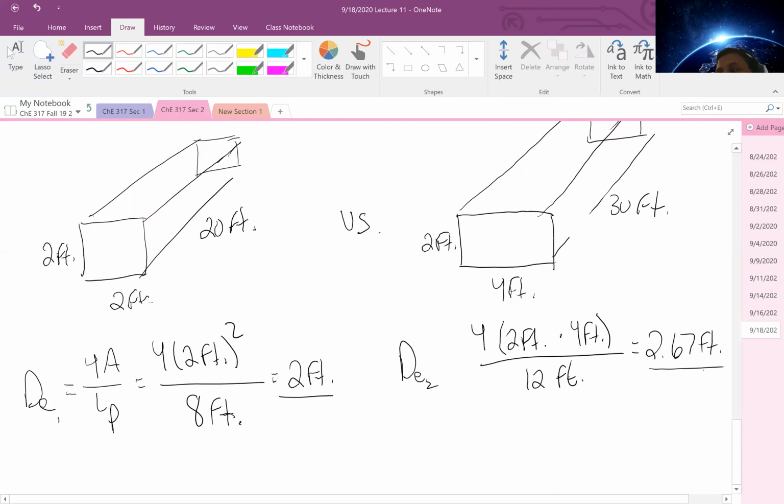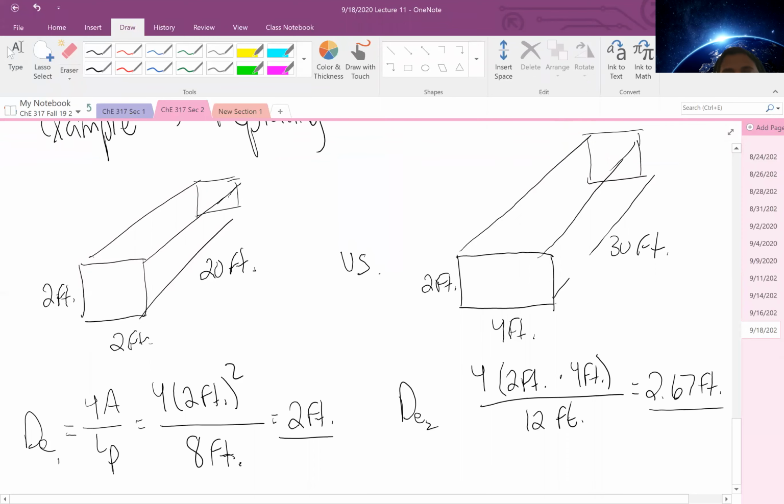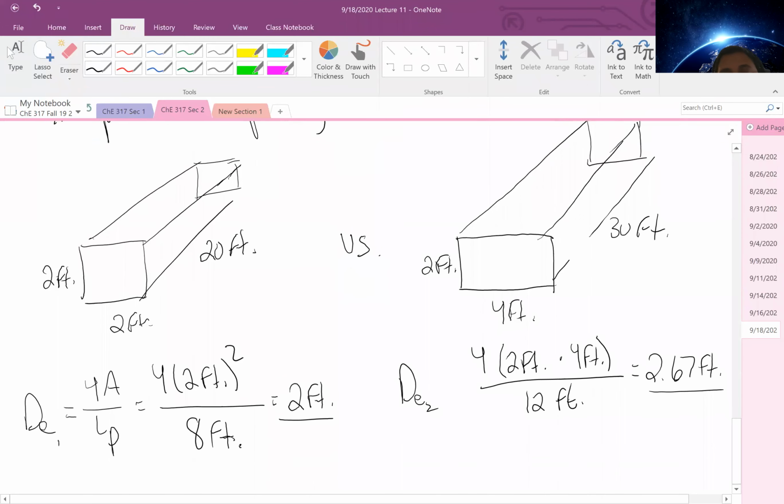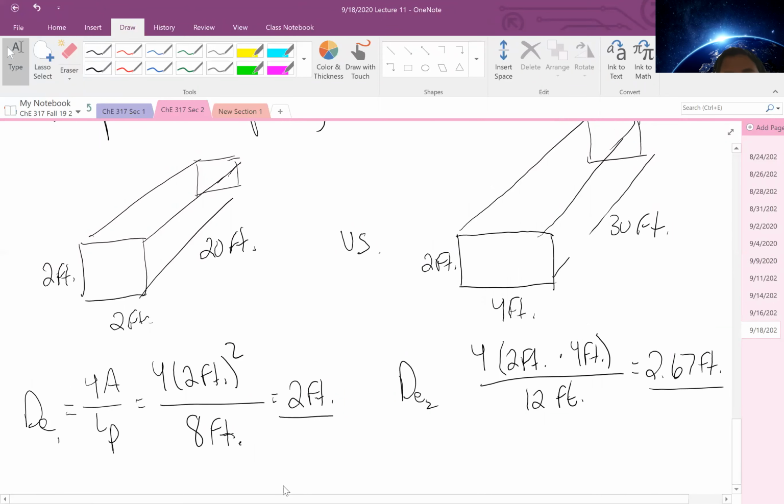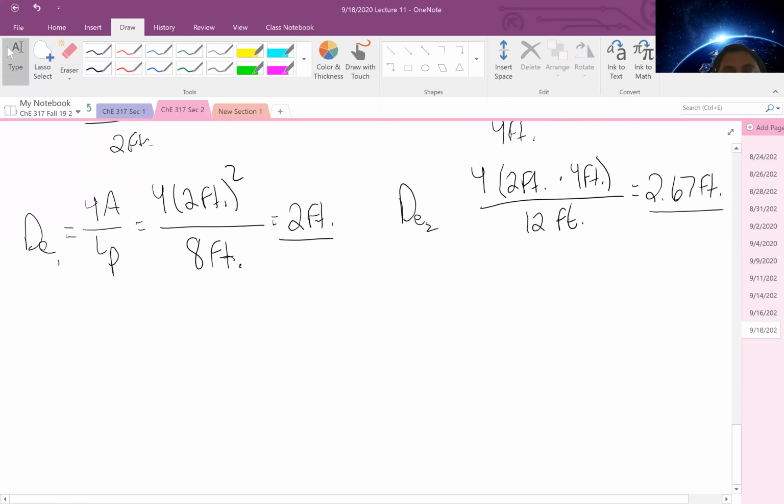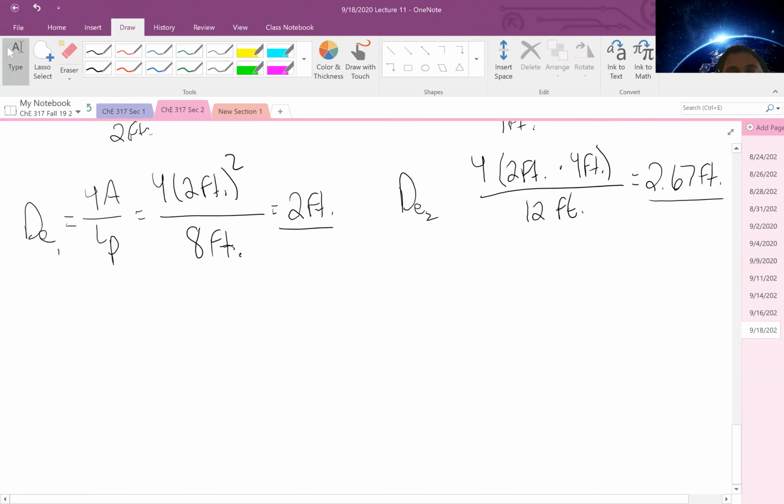There are a couple of ways that we can do this. The most straightforward way is, since the pressure drops in each system should be the same, we can do what's known as a base comparison between these two systems.